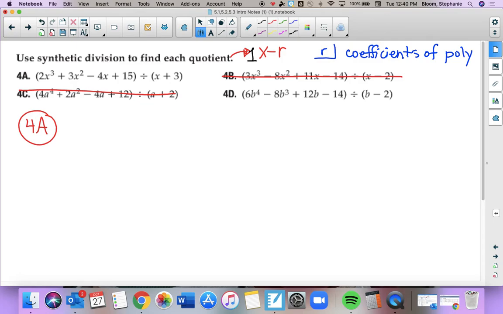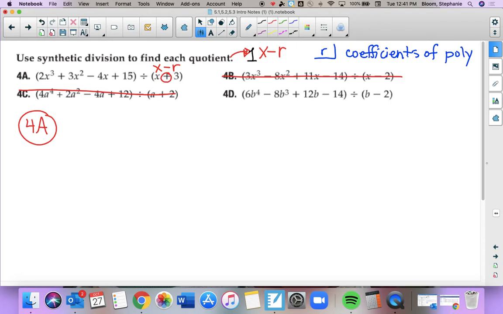Okay, so remember, for this to work, I have to be dividing by x minus r. What do you notice is different about what we're dividing by? Yes, this is a plus sign. So what would that make my r for that to become a plus?